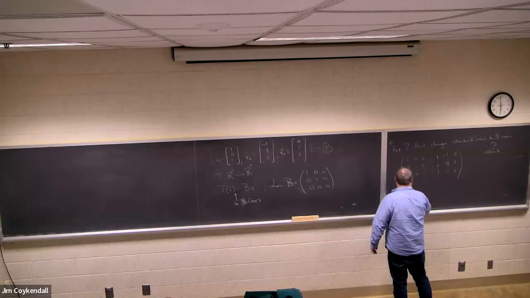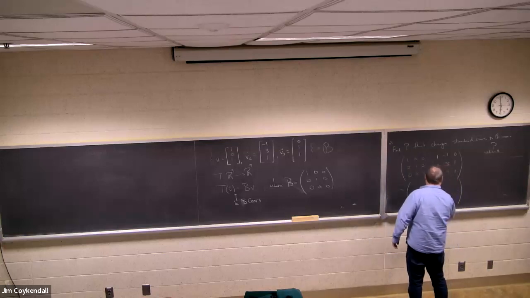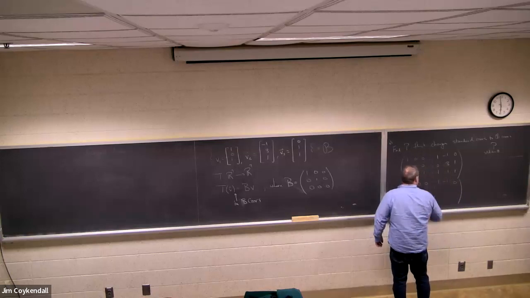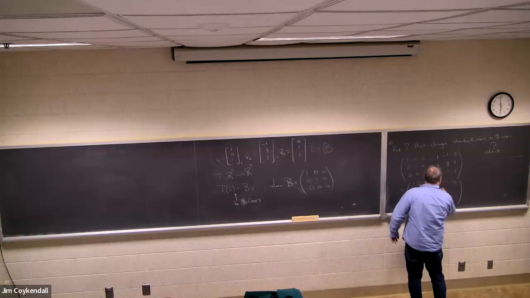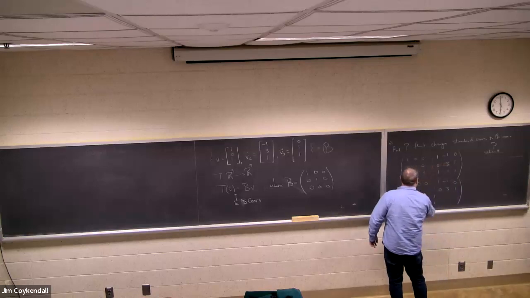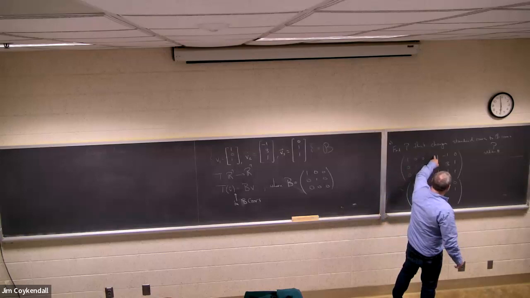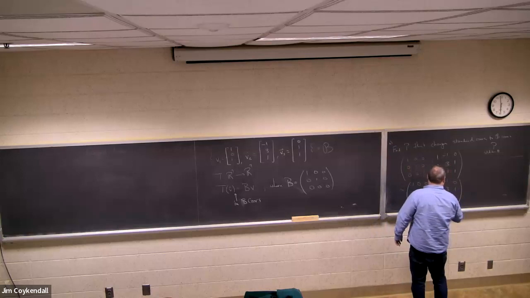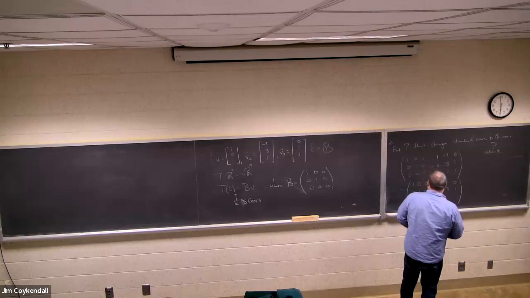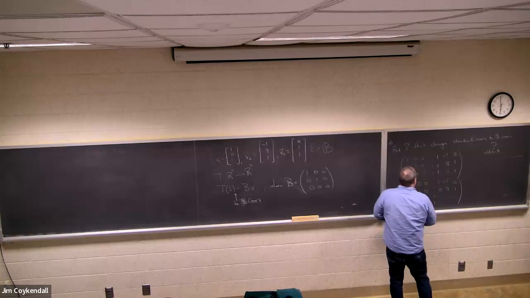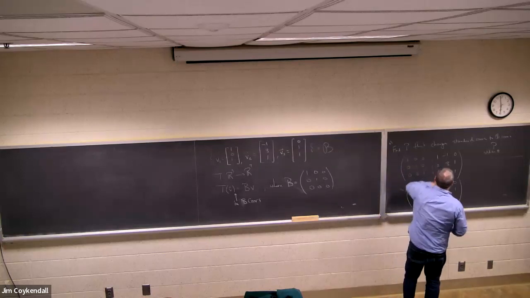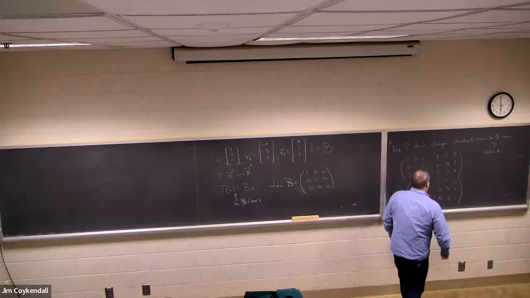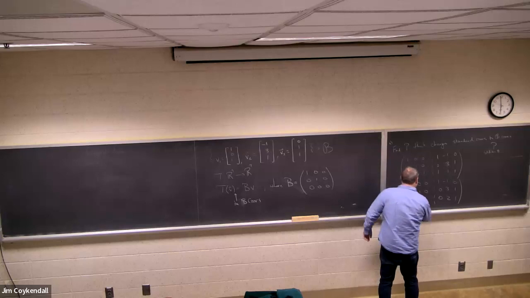So, I'm gonna leave this alone. And I'm gonna multiply this by -1 and add it here. I'm gonna multiply this by -1 and add it here. It's gonna be 0, 2, 1. And multiply this by -1 here.